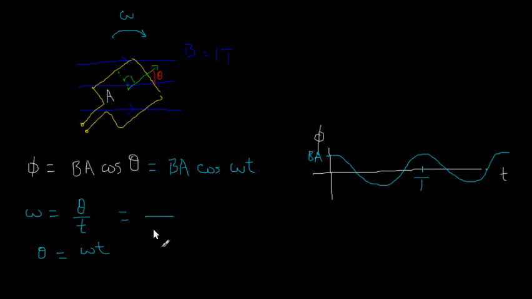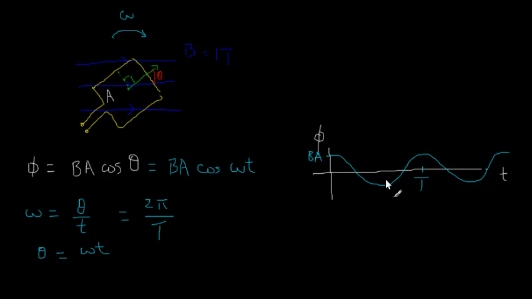Okay, so in the time taken for one cycle, this will have rotated by 2 pi radians. If you remember, we need to use radians for this angular velocity formula. And so we have an expression that relates the omega here in this formula to the period, the time for one cycle of the motion.